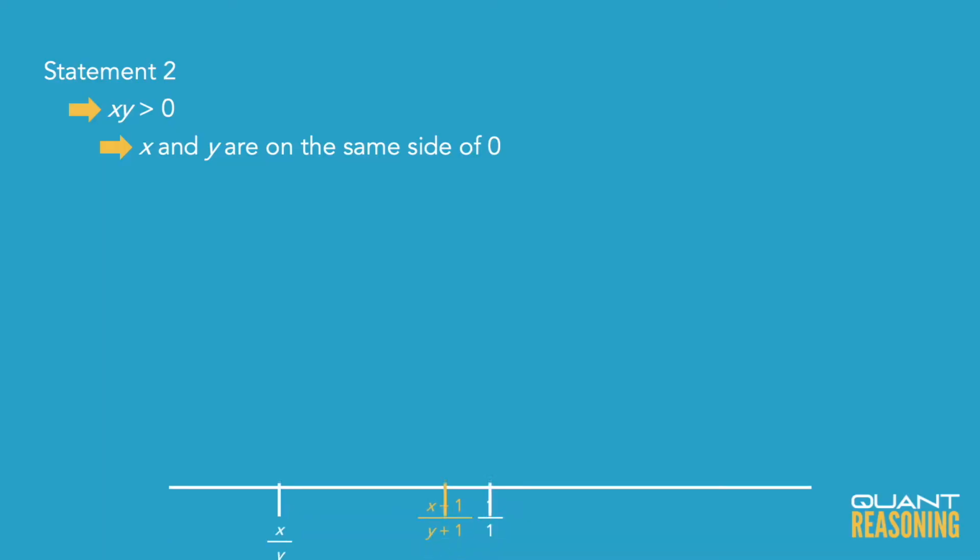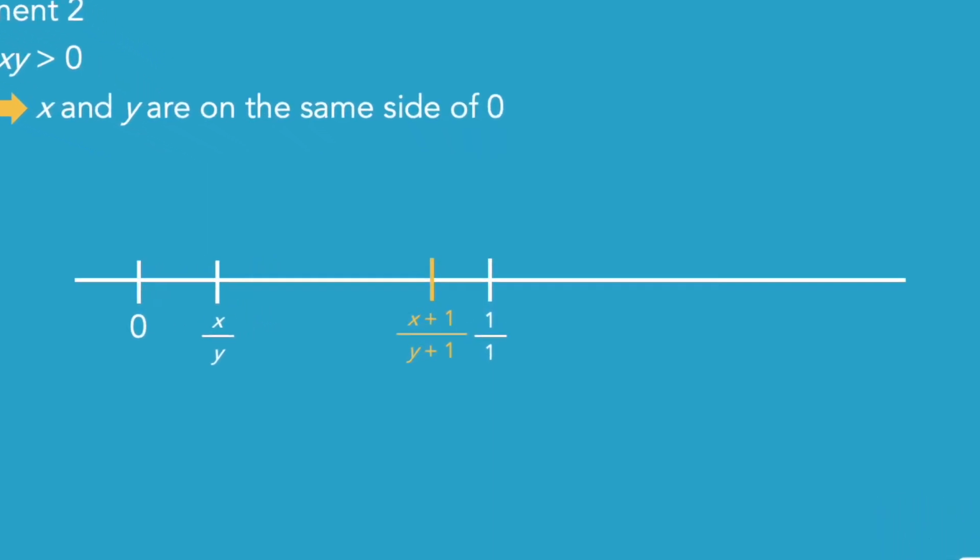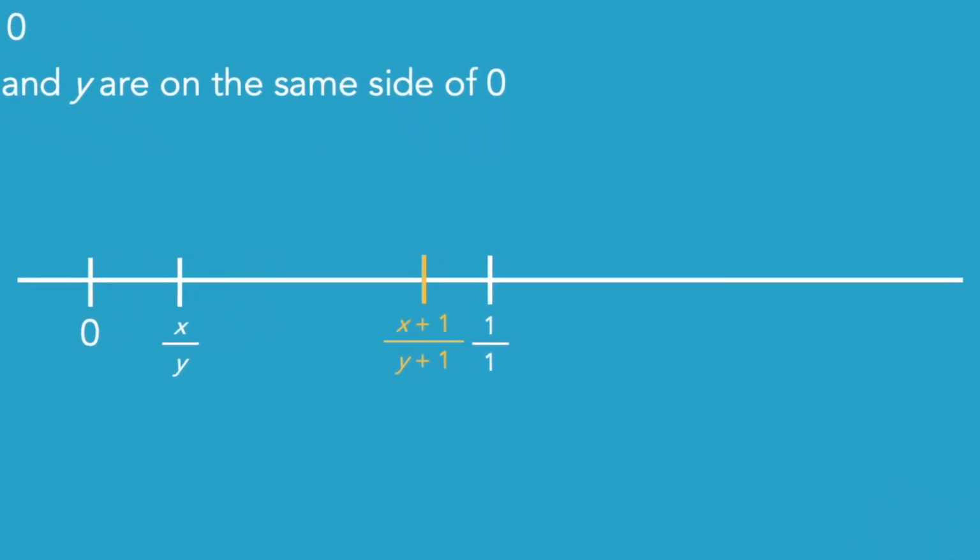And what I'm realizing is that even if I knew for sure that x and y are both positive, I still could get the mixture on either side, because if x over y lies between 0 and 1, and 1 to 1 lies exactly at 1, the mixture would be somewhere in between them, which means that I get, yes, it is to the right of x over y.